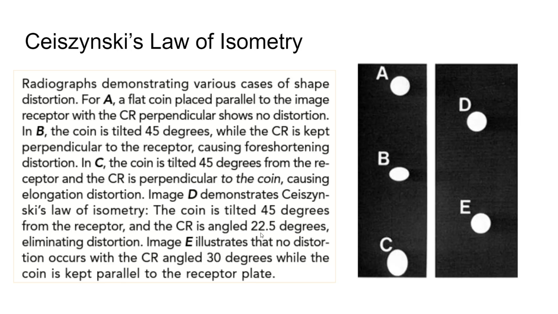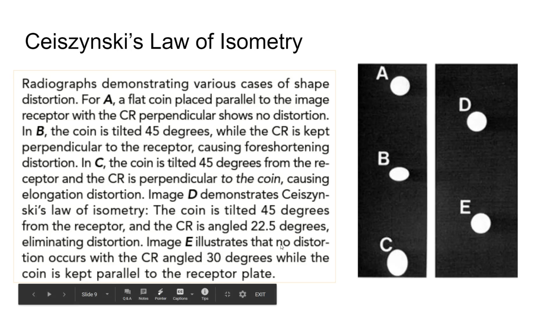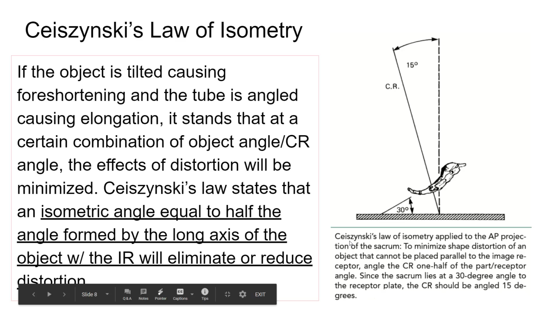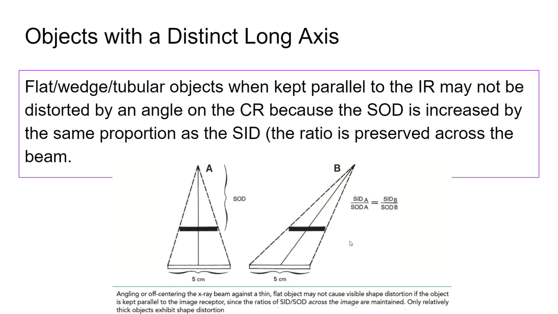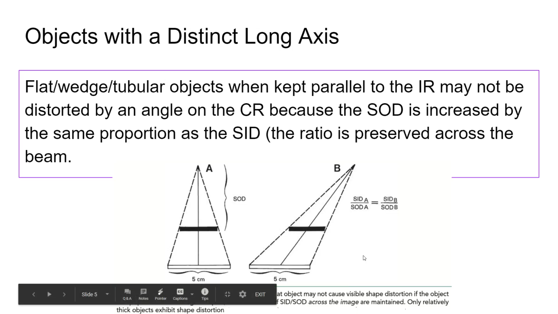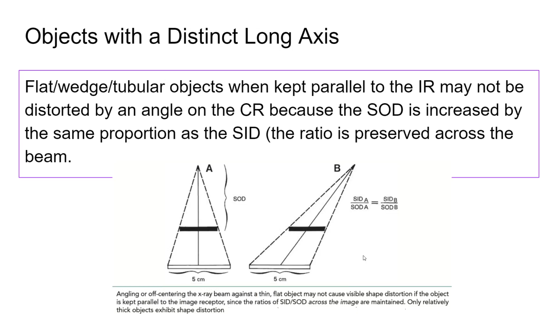And image E illustrates that no distortion occurs when the central ray is angled 30 degrees. Oh, so E is an example of this. E is an example where, because it's so flat, even though there is an angle, the distortion is not there.